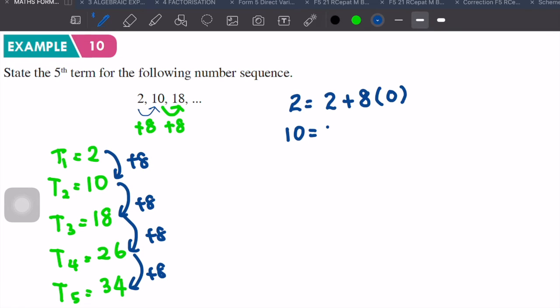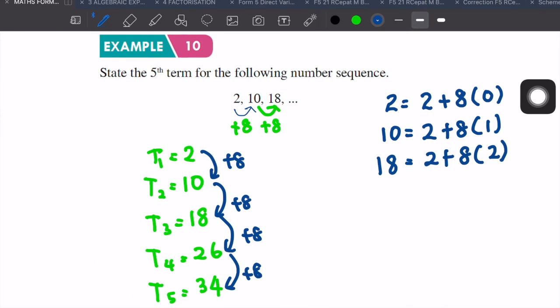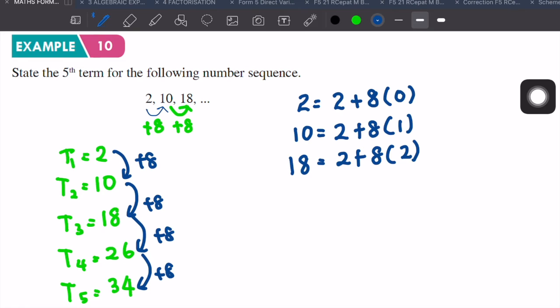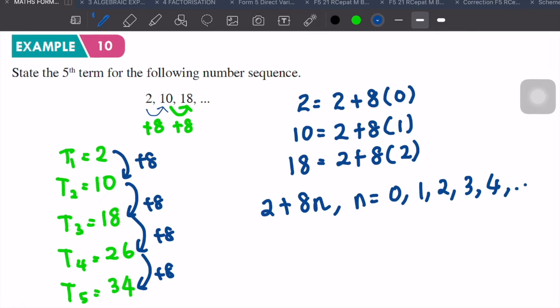Next one, 10 is 2 plus 8 times 1. Next, 18 equals 2 plus 8 times 2. So I would like to do the generalization first. In terms of algebraic expression, we can write it as 2 plus 8n, where n equals 0, 1, 2, 3, 4, and so on.